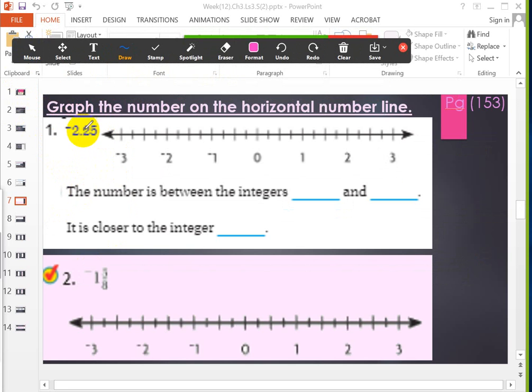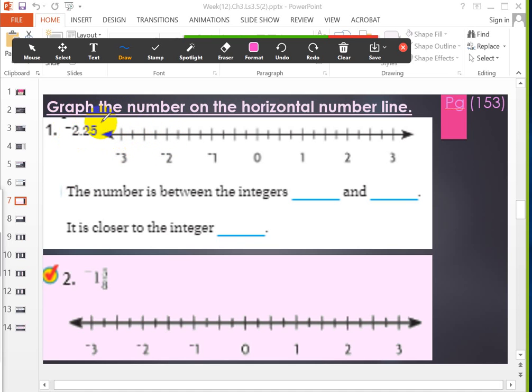I want to know this number is between which two numbers. 2.25 is greater than 2, so it will be between 2 and 3, right?